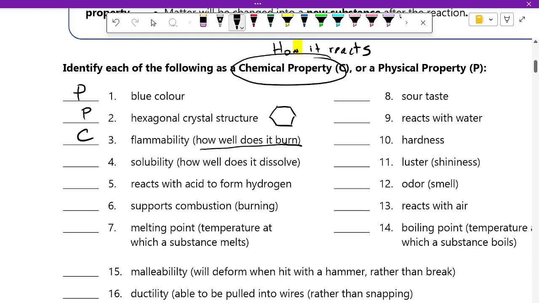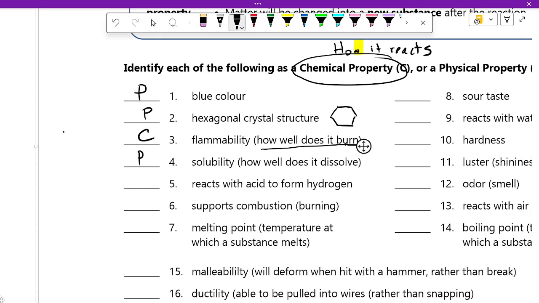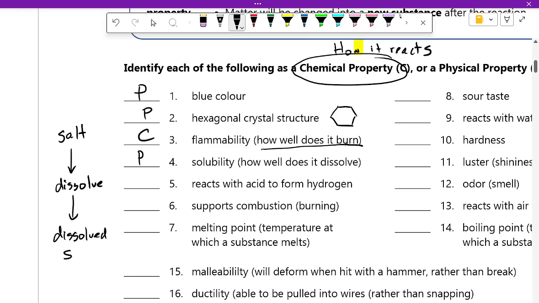Solubility, how well does it dissolve? P. And that's because if you take salt and you dissolve it, it's dissolved salt. It's still salt. And what's happened is we've taken salt.